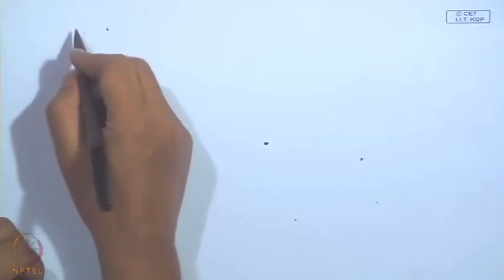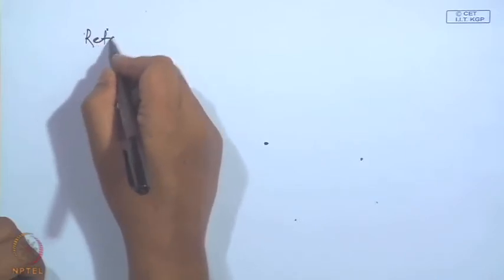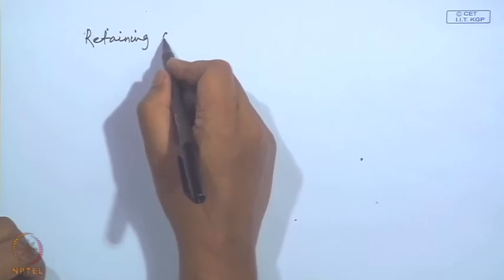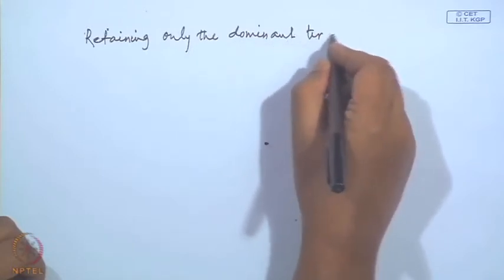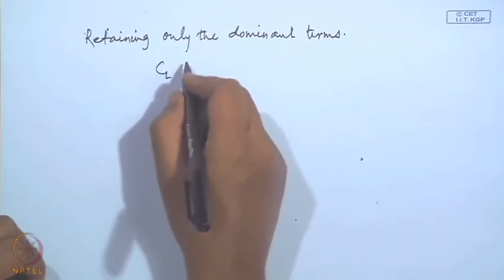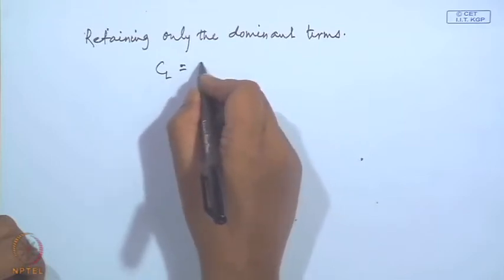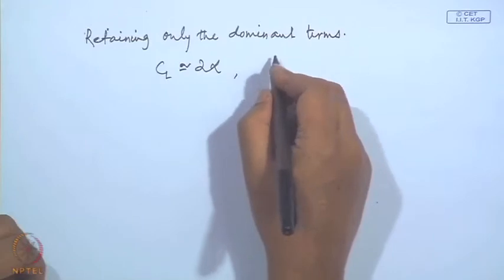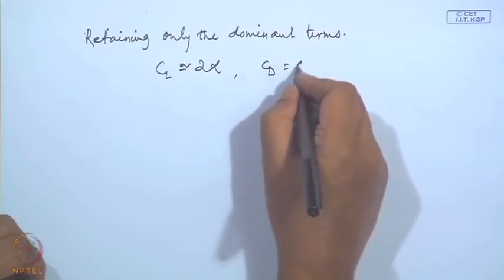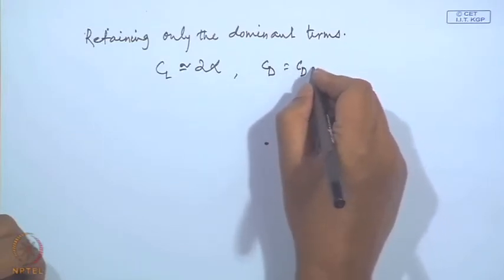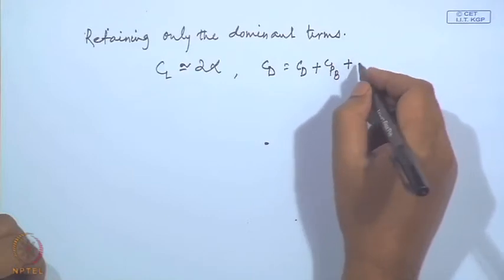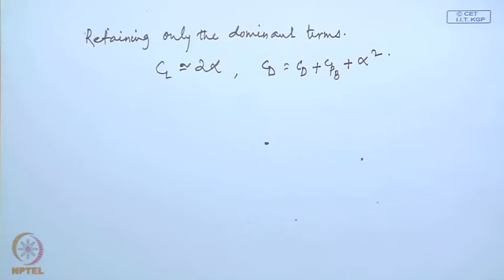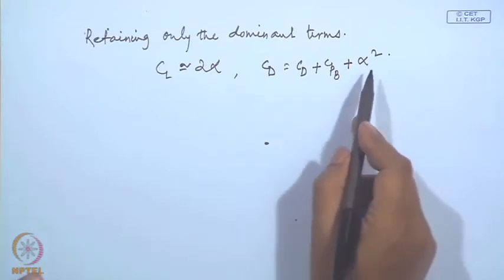So, if we retain only the dominant terms, C L equal to 2 alpha and C D equal to C D 1 plus C P B plus alpha square. The alpha is of course in radian.